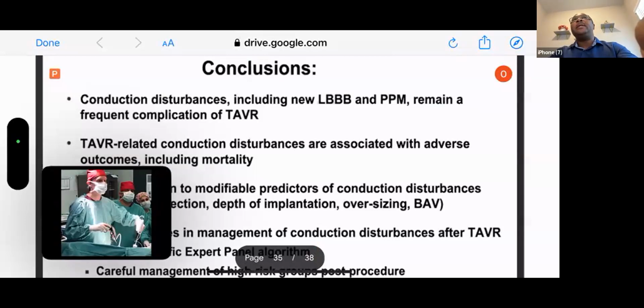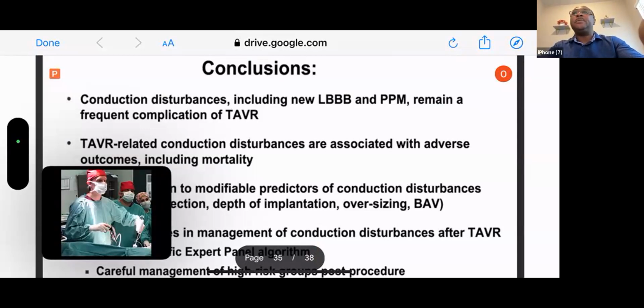And then you have to pay careful attention to the risk factors and the predictors and see how you can modify them, in terms of making sure you get the right size of the TAVR valve. For the LVOT, we use CT scan these days for sizing, but in third world countries, we can also use TEE if we don't have a CT.